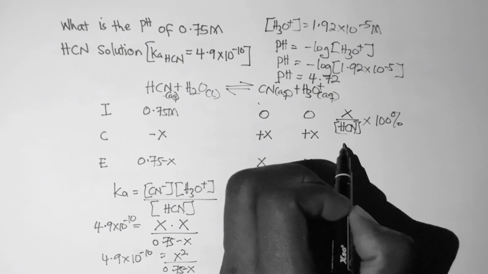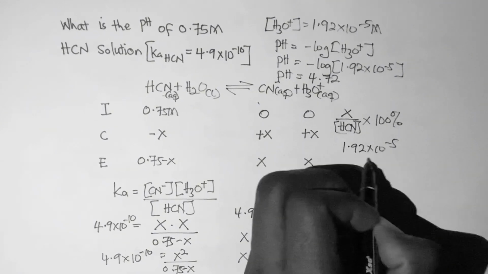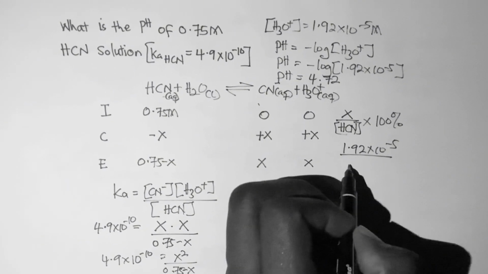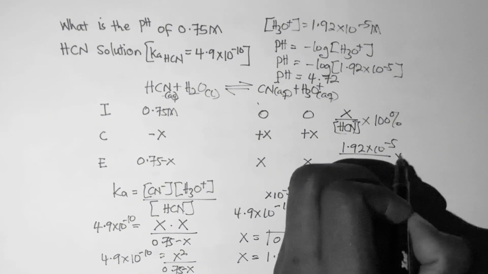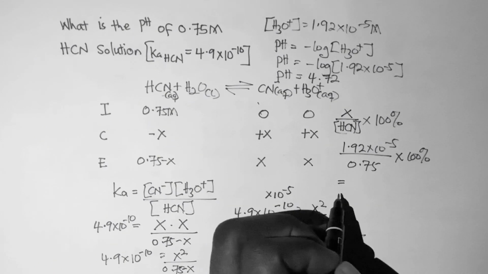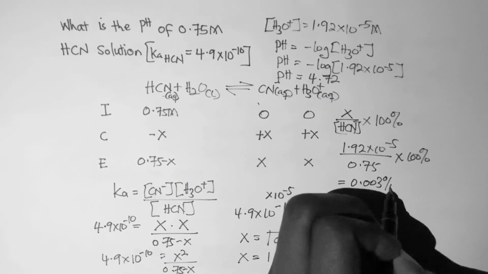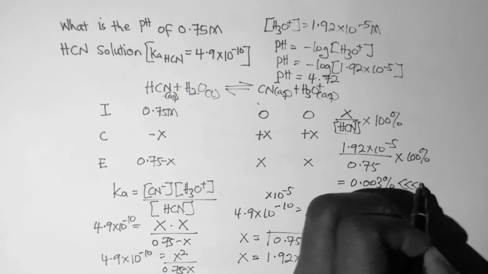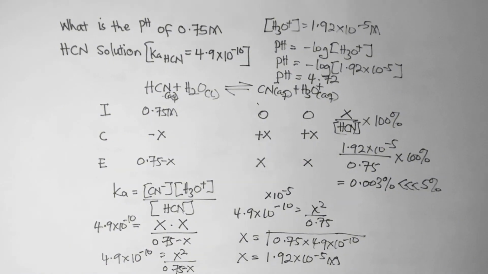So the concentration we got as 1.92 times 10 exponent minus 5 divided by the initial concentration, which is 0.75, and then times 100%. And if you compute this, you are going to get 0.003%, and this is far less than the 5%, and therefore our approximation is true.